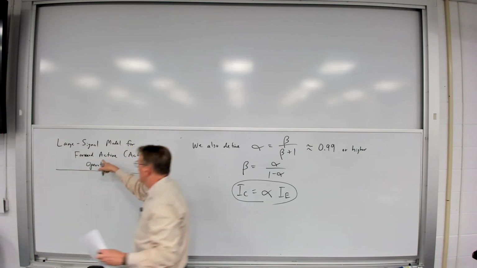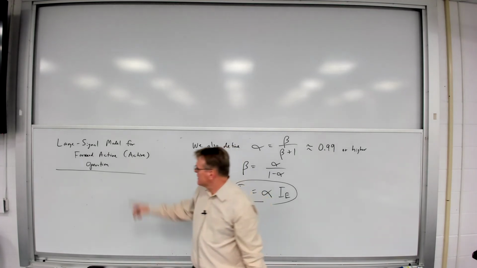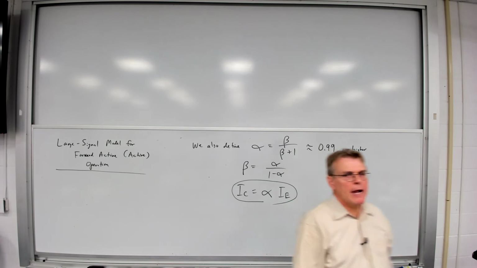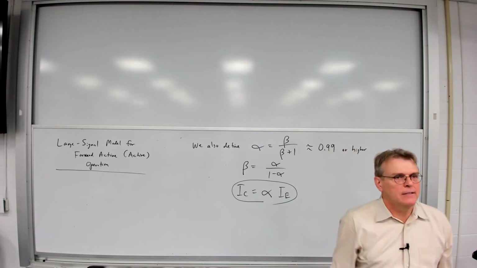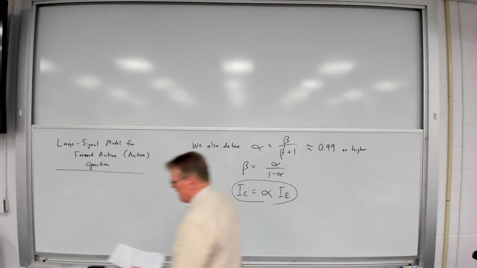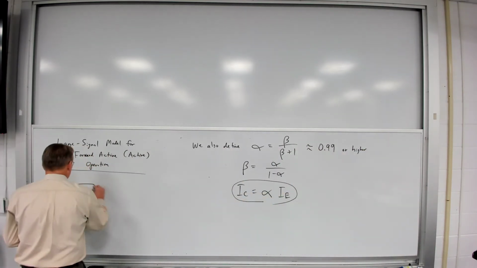There's a large signal model for forward active operation. And incidentally, typically people just drop the "forward." When they're talking about forward active in BJTs, they'll just say "active." They just drop the word, but people know what you're talking about. So for active operation, here's a large signal model.